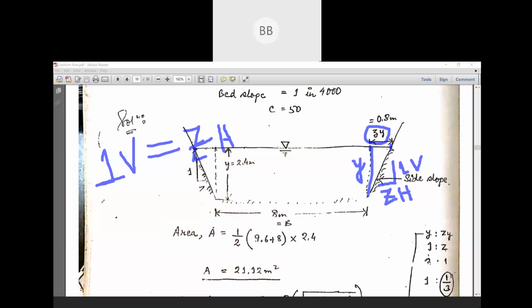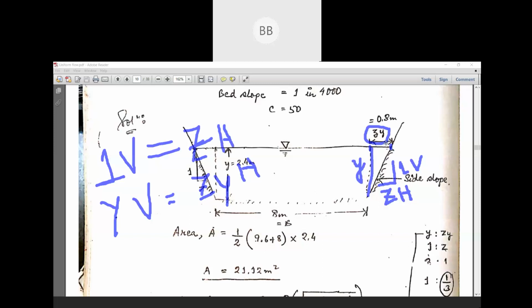If we consider y vertical, that is your depth of flow, what will be your horizontal? That is zy horizontal. This is the reason why they have directly written zy. If the slope is 1 vertical to z horizontal, then this portion will be your zy.